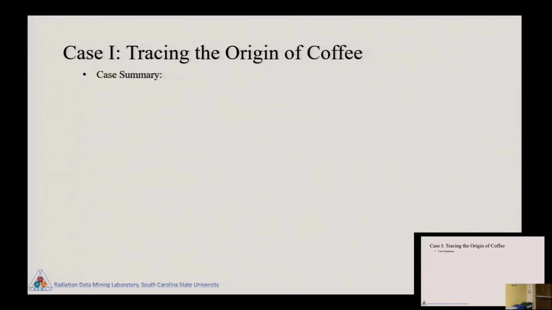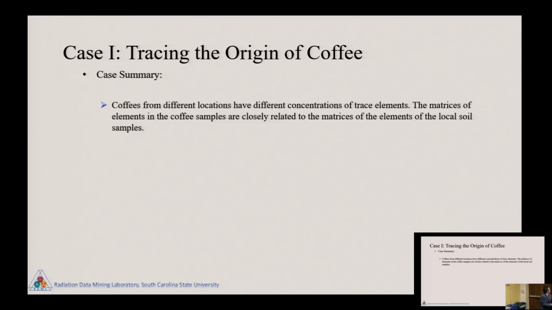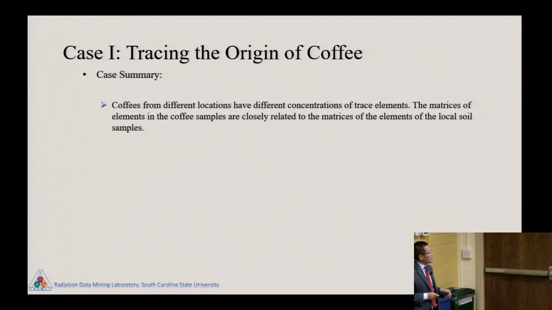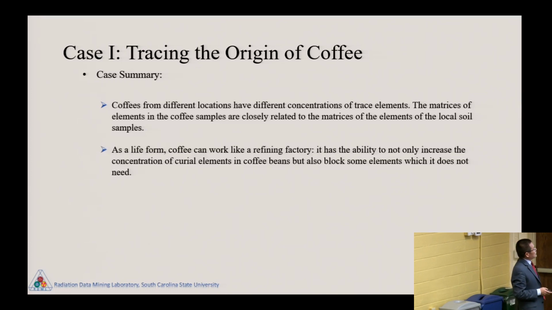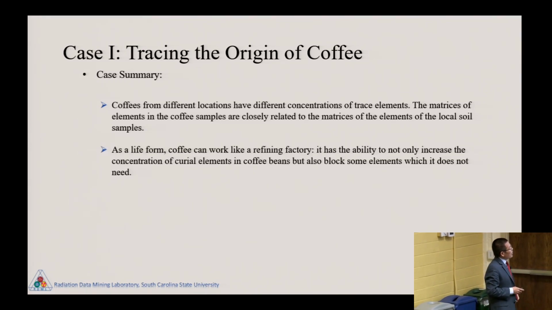Okay. So from this case, we learned that coffee from different locations have different concentrations of trace elements. The matrix of elements in coffee samples are closely related to the matrix of the elements of the local soil. And as a life form, coffee can work like a refining factory.